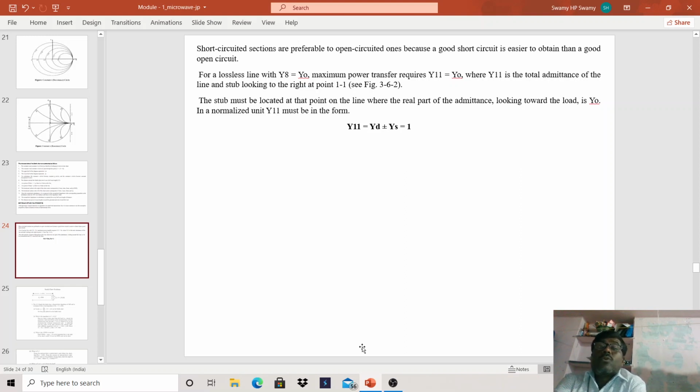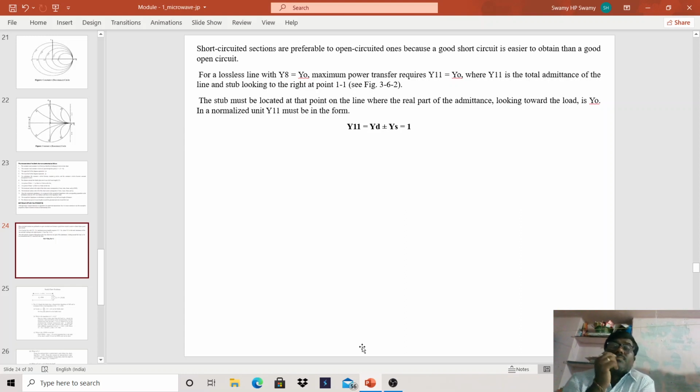The stub must be located at the point on the line where the real part of the admittance looking towards the load is Y0.